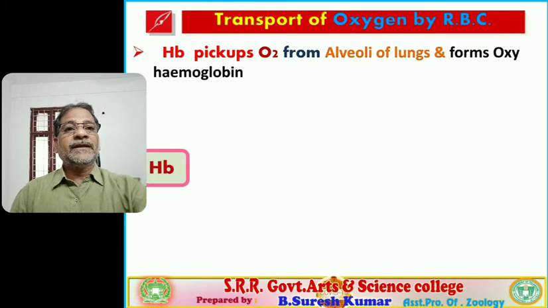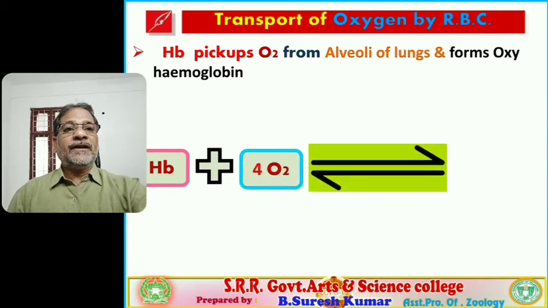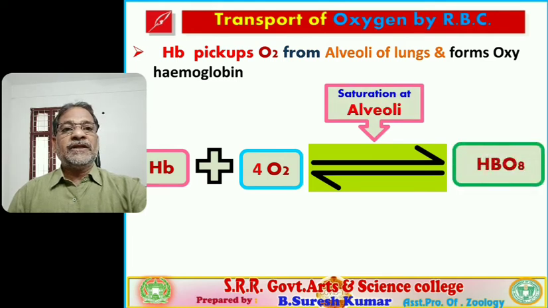Already we discussed: the hemoglobin molecule is capable of combining with four oxygen molecules, and gives rise to oxyhemoglobin at the alveoli. This phenomenon is called saturation, oxygenation of hemoglobin.